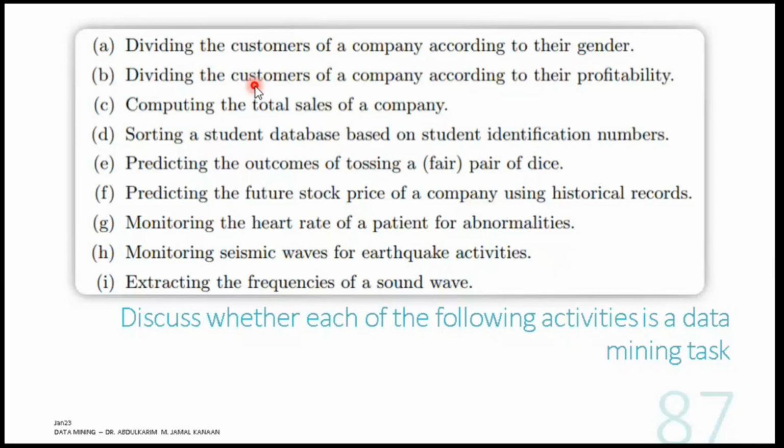Sorting a student database based on student identification number. Based on their ID, I need to sort them out. I don't know what identification number. Maybe their ID referring whether they are undergraduate or postgraduate. Do I need to use data mining to sort them out?